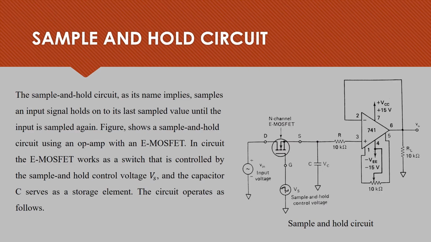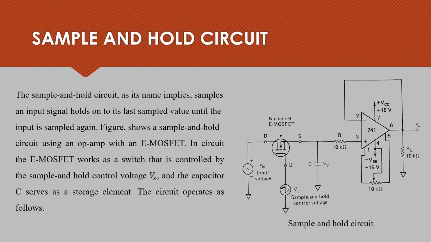Firstly, we'll talk of sample and hold circuit. So the sample and hold circuit, as its name implies, samples an input signal and holds on to its last sampled value until the input is sampled again. So the figure shows a sample and hold circuit using an op-amp with E-MOSFET.